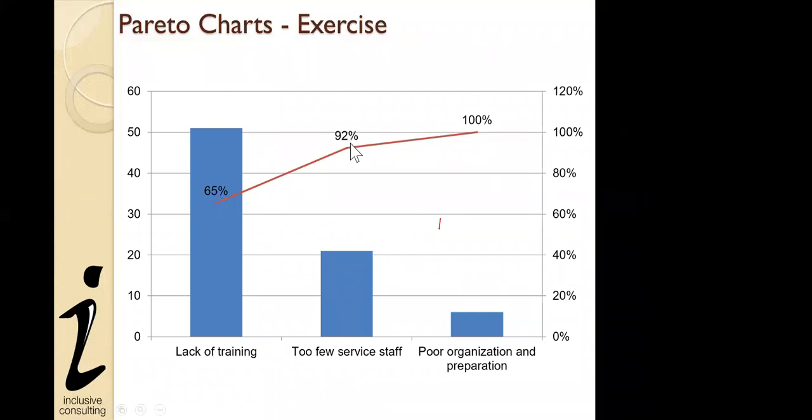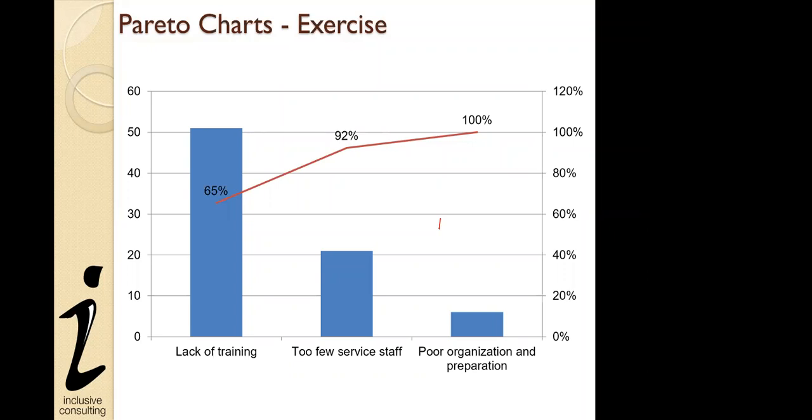So this is how you can convince your senior management by presenting this graphically: if we have a complete hiring freeze and we just focus on training, we can resolve 65%. Now, if you were also to divert your already limited resources toward organization and preparation of the engineers, what is the incremental benefit you will get? That is another 8% only.